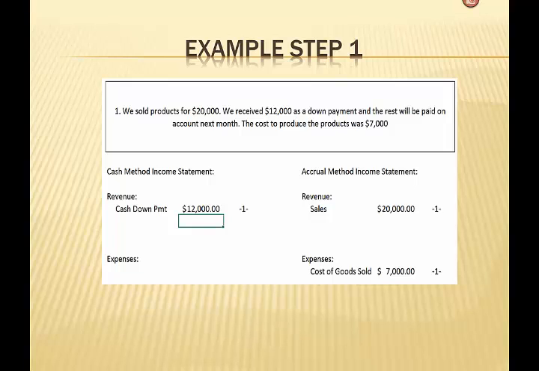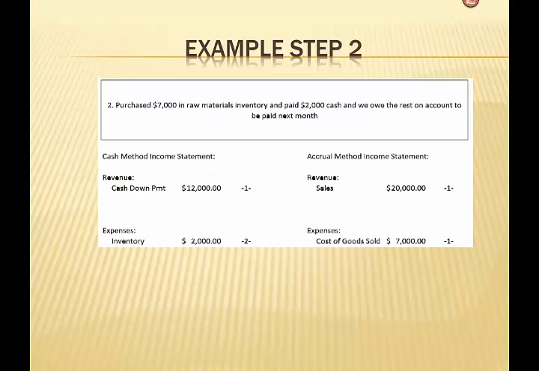The $12,000 cash that you received, in the accrual method we would ignore that in building an income statement because cash is actually a balance sheet account. The amount that's to be paid on account for next month is going to go into accounts receivable, which is also on the balance sheet. So we would not put that on the income statement.